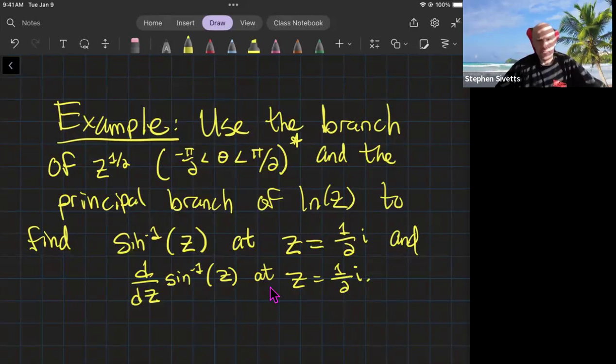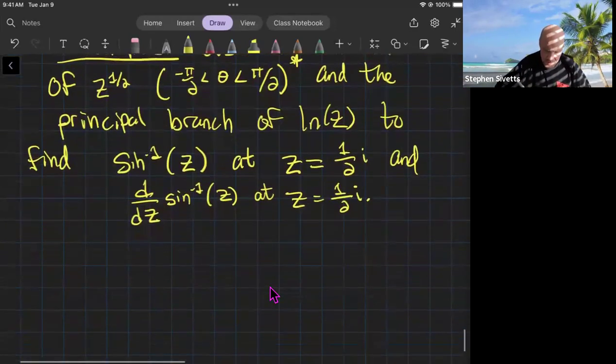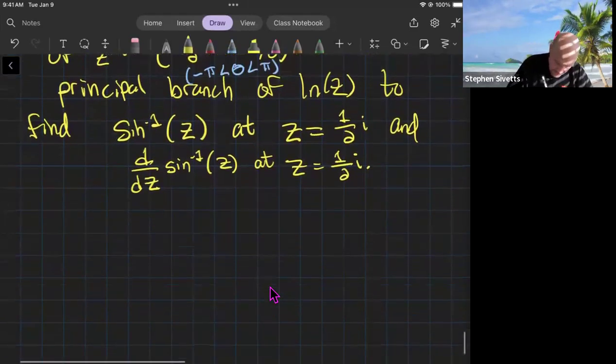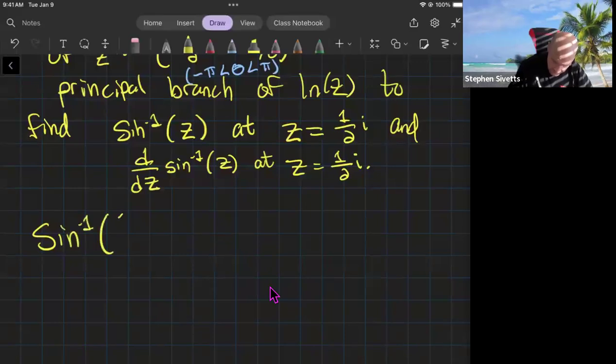Okay, all right. So I assumed you worked on this example. Let's go over it. So the principal branch for the logarithm is theta has to be between minus pi and pi, right? So without further ado, let's look at how we would compute inverse sine of 1/2 times i.